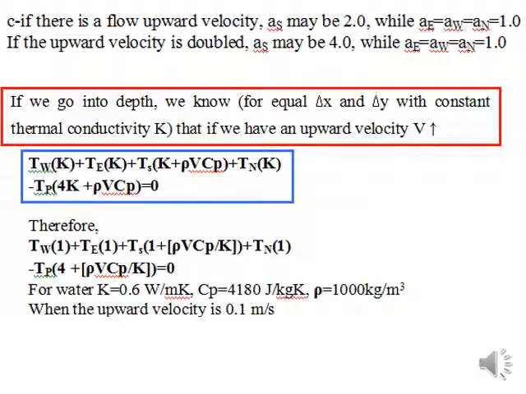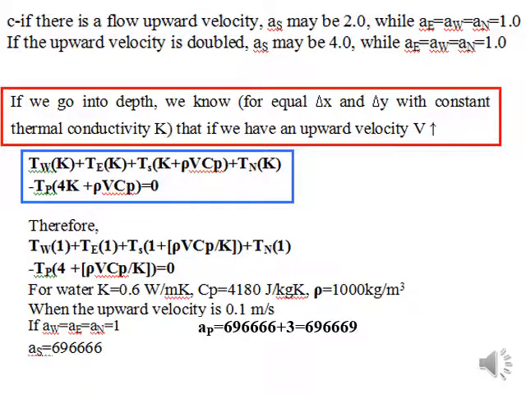So for water, if you substitute with thermal conductivity K of 0.6 watt per meter Kelvin, Cp 4180, and the density 1000, and if the velocity is 0.1 meter per second, you will find that the coefficients of AW, AE, and AN remain as 1, while AS surprisingly goes to a 6-digit number, because when we substitute with that heavy water whose density is great, whose thermal capacity is great, we will find that convection is really very strong.